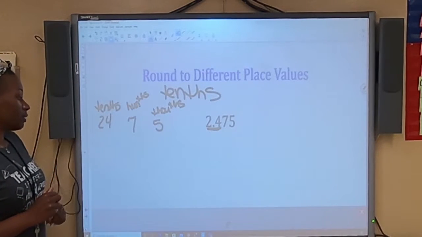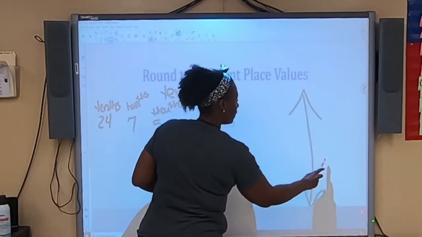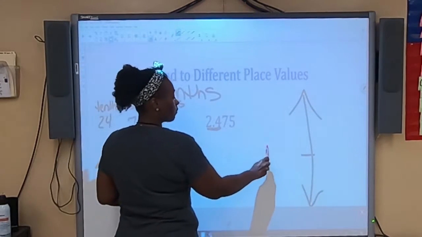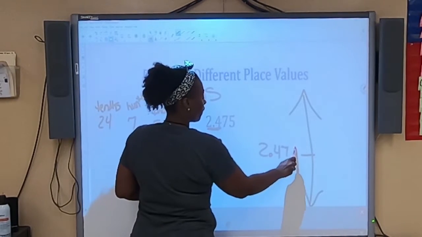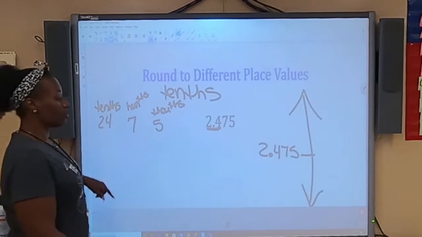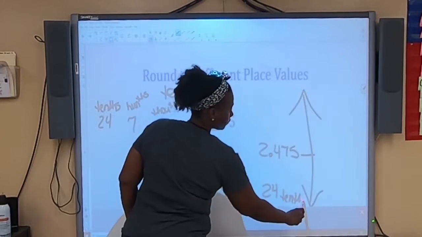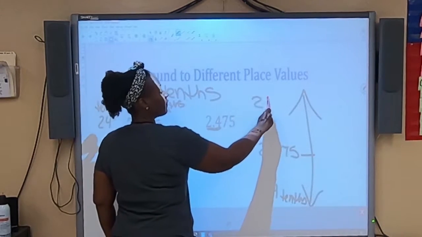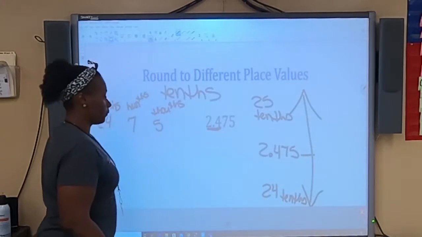Now that I have my decomposed tenths, I'm going to draw my number line. In the middle, I'm going to put my number that I'm rounding to, 2 and 475 thousandths. I know that I'm either going to stay at 24 tenths or I'm going to go up to 25 tenths. Okay.